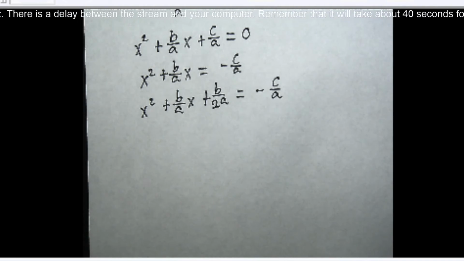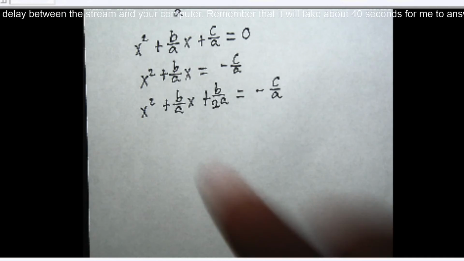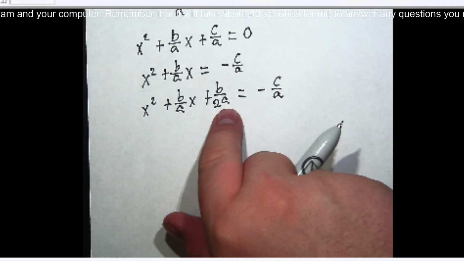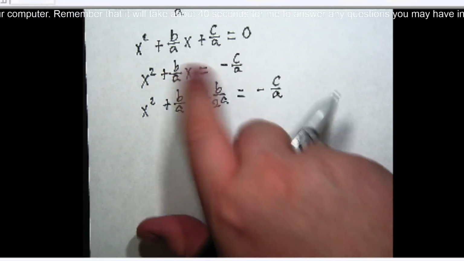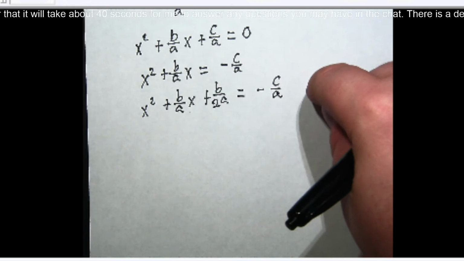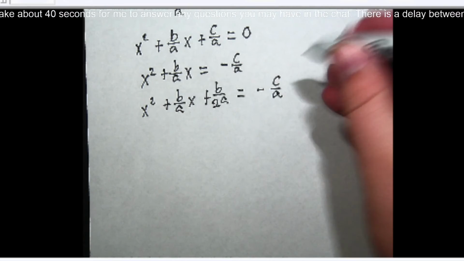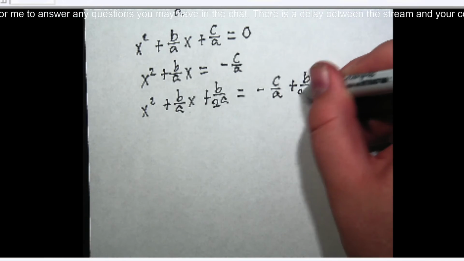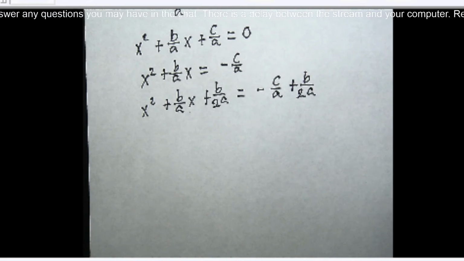Okay. Now, remember, this should now be a perfect square trinomial, since we added that magic number to the end. We need to add it to this as well to make sure that there's balance. Okay?